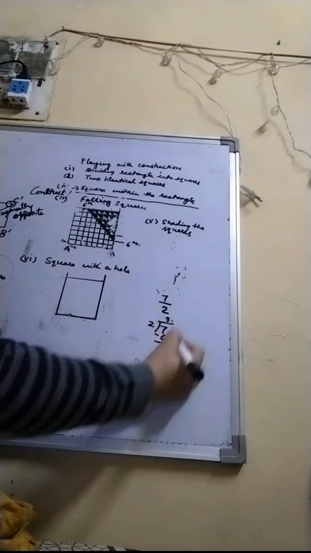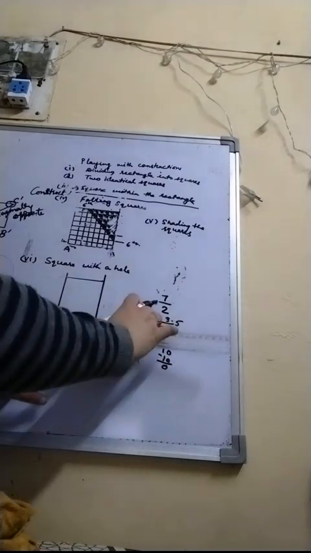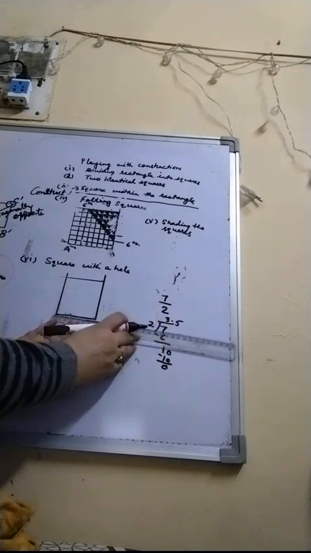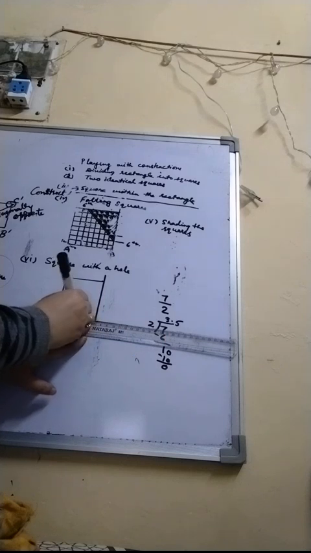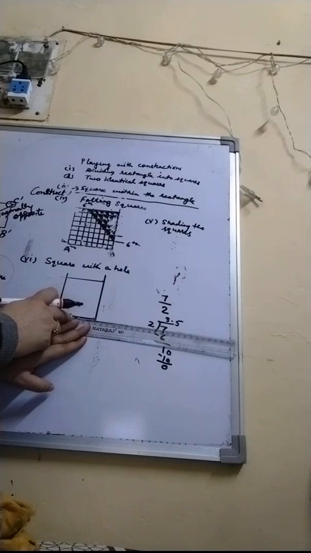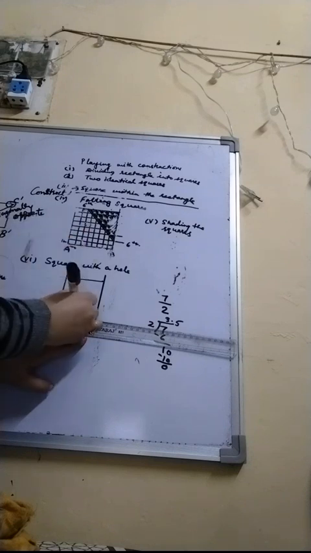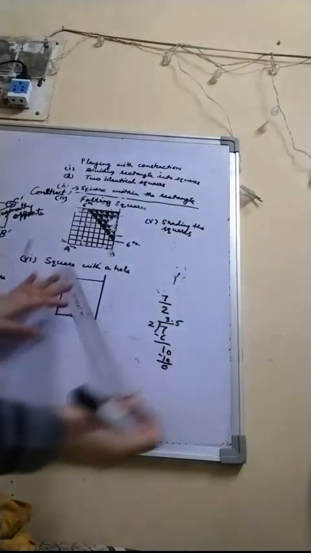Divided, you would get 3.5 centimeter. So you have to put a dot at 3.5 centimeter on the scale. First you count 1, 2, 3 and then 5 small lines more and you get 3.5 centimeter.